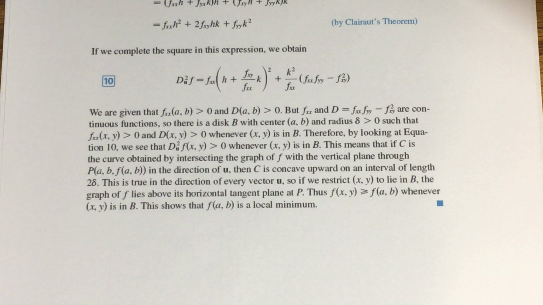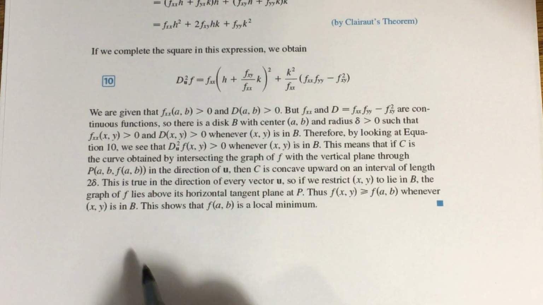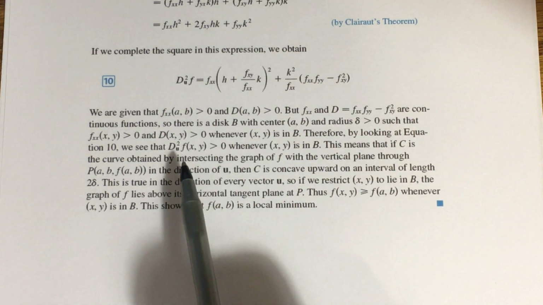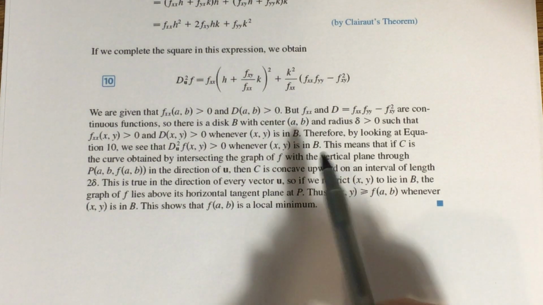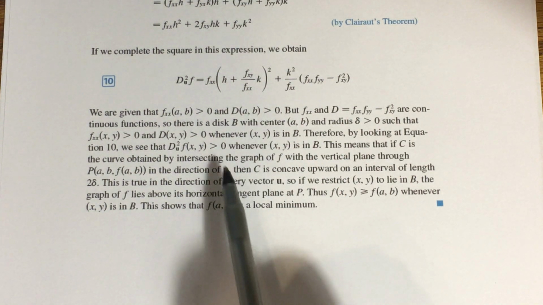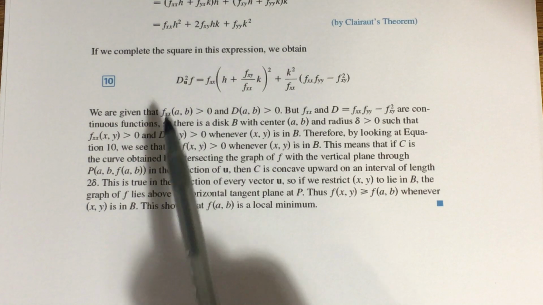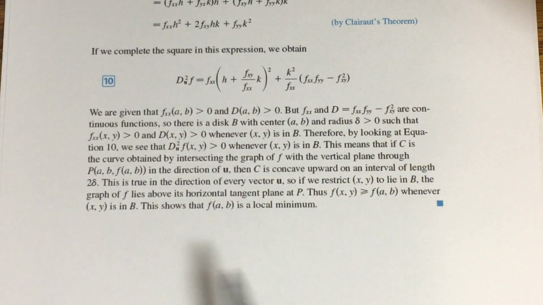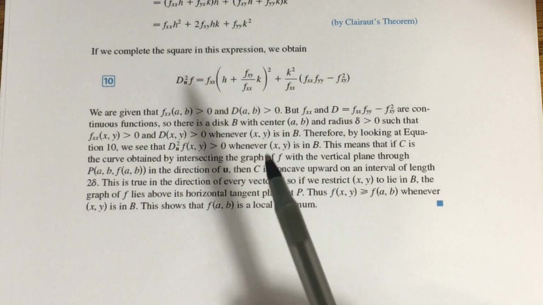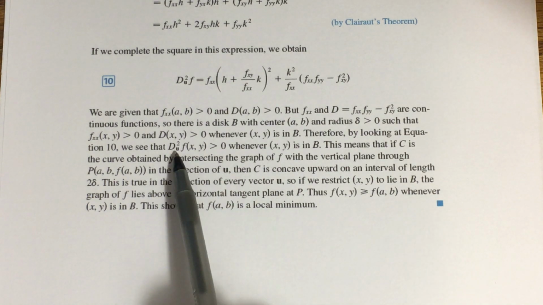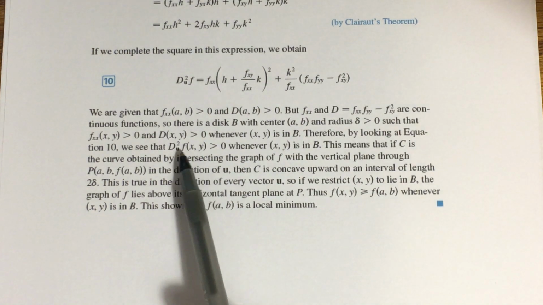Now, why did we bother with a second derivative? Because this is not the original function. This is the second directional derivative. What this means for us is that if you were to intersect the surface that we get from f of (x,y), the original function, with a vertical plane in the same direction as that direction vector u, and I don't have a picture of this to show you, but we've seen something similar.